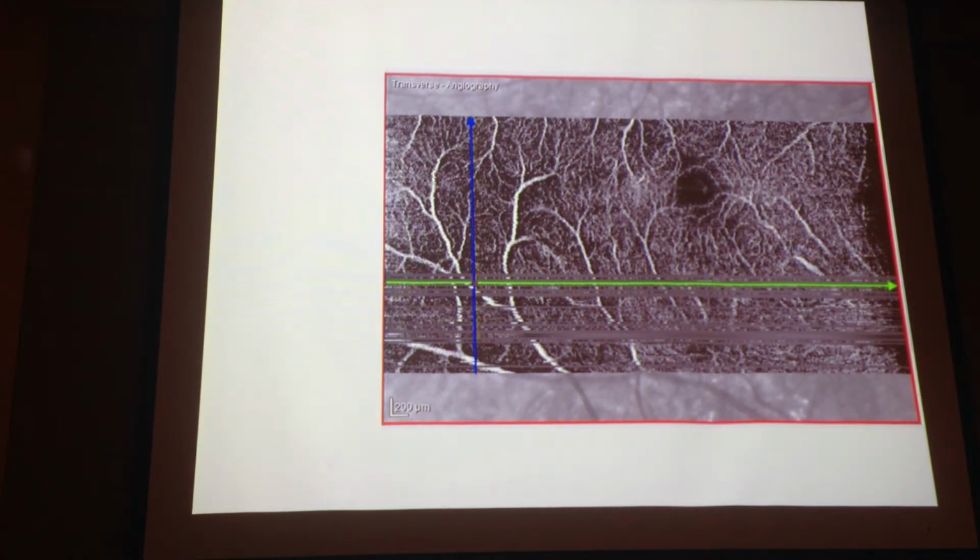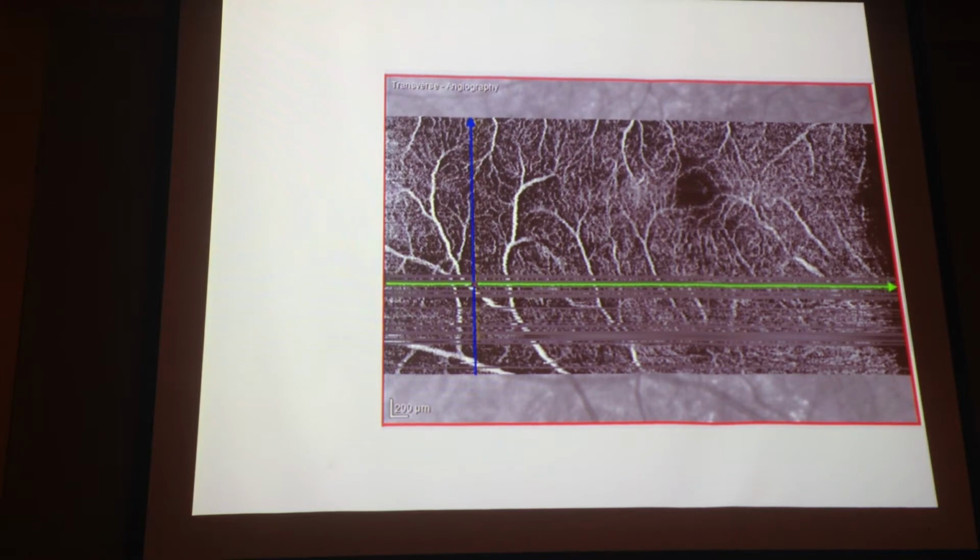But you have also the prototype from Heidelberg, and you see that there are also some artifacts there. And this actually is not moving. They have a tracking system, so they actually acquire only when the eye is stable, and that can take a longer time. Just to give an idea, a normal subject with good fixation can be acquired in around 4 seconds, a little bit less, for any horizontal and vertical scan.